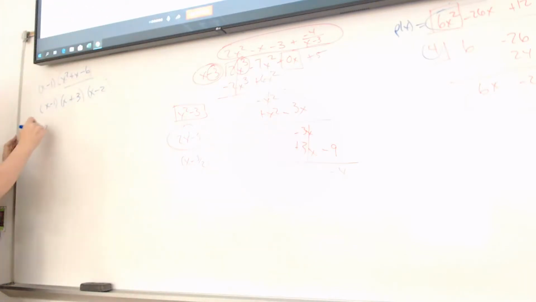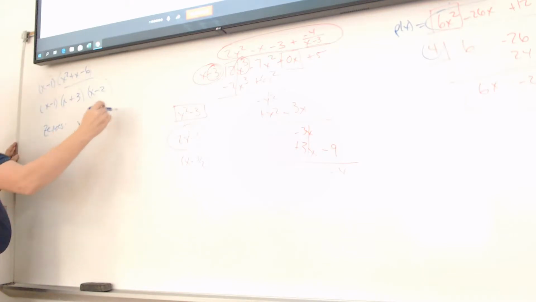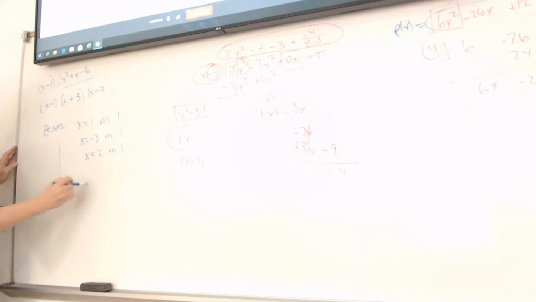My zeros are where? Zach? x equals 1 with a multiplicity of 1. And if we were to graph that, I've got 1, 2, 3, and negative 3, 1, and 2.